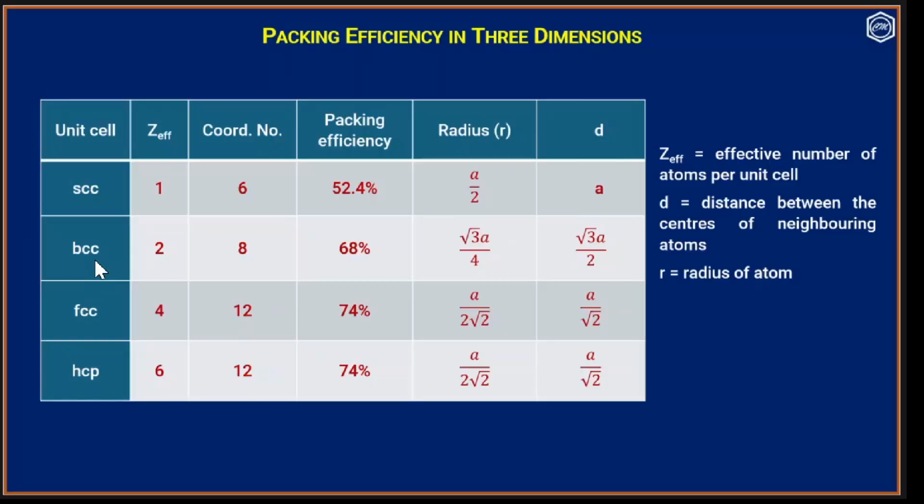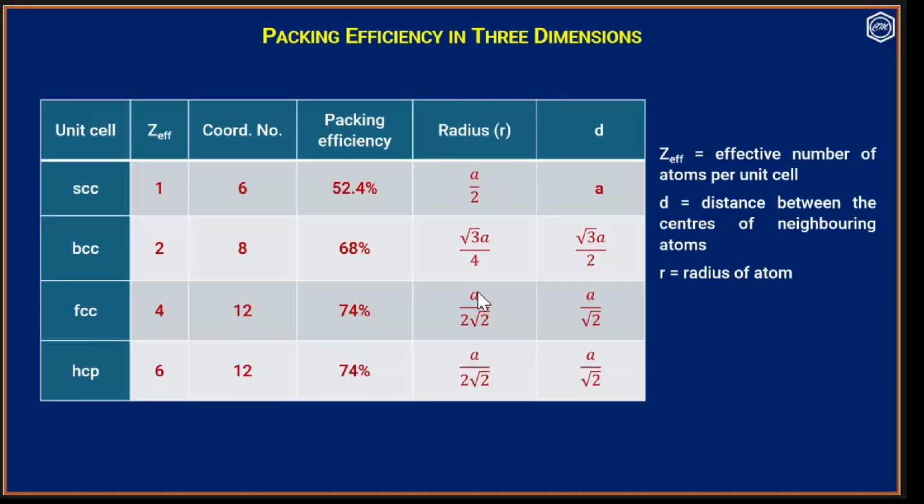Body-centered cubic packing: effective number is 2. Coordination number is 8. Efficiency is 68%. Radius of the atom will be root 3 a by 4. Now, face-centered cubic lattice or cubic close packing: effective number is 4. Coordination number 12. Packing efficiency is 74%.